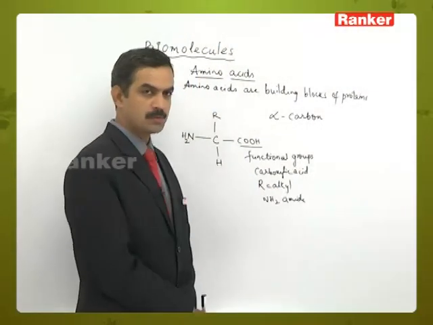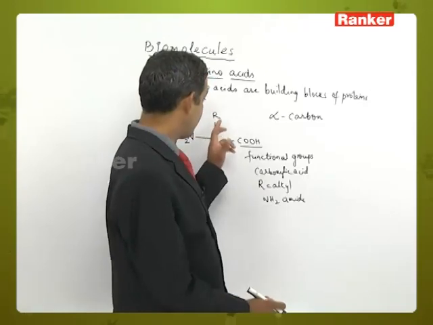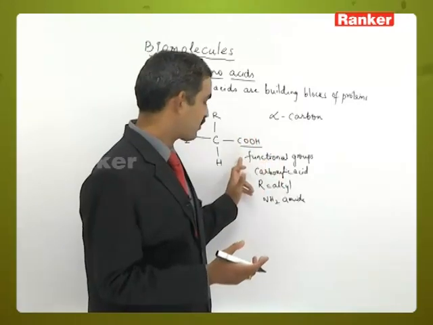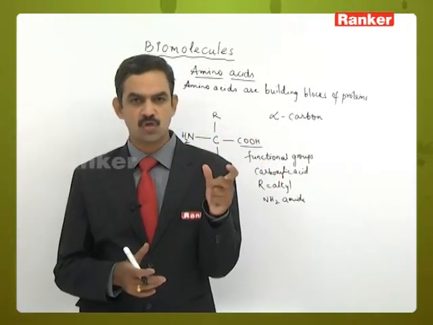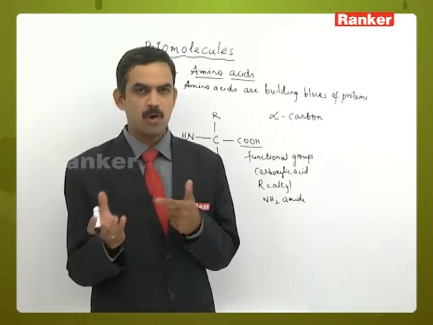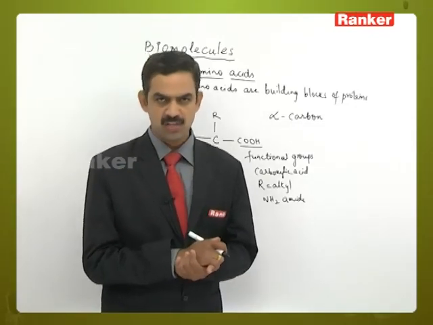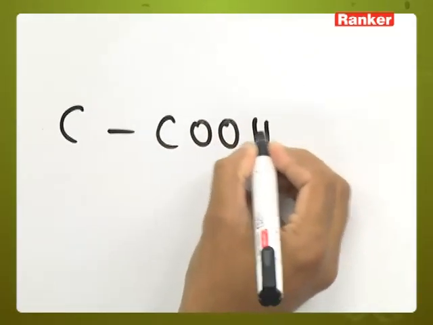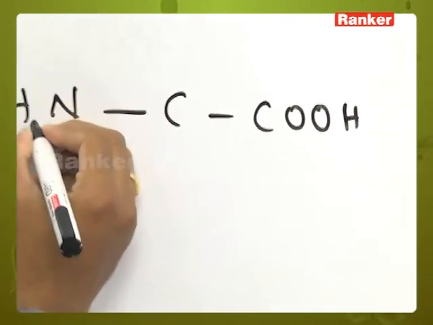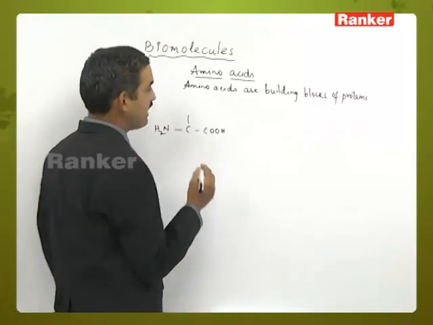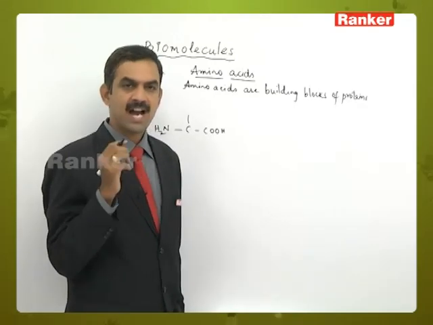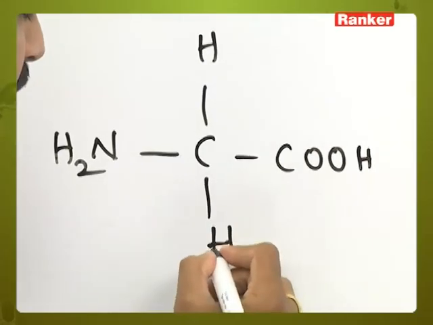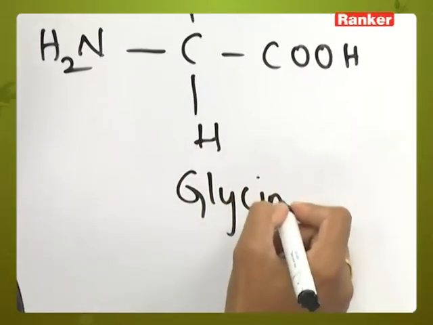These are 3 functional groups which are present, and the nature of the amino acid will change based on the type of the functional groups. That is, based on all the 3 functional groups, the nature and all other properties of the amino acids will change. Let's take some examples. If this is the basic structure, with NH2 and COOH present, and if the alkyl group is replaced with hydrogen, then it is glycine.